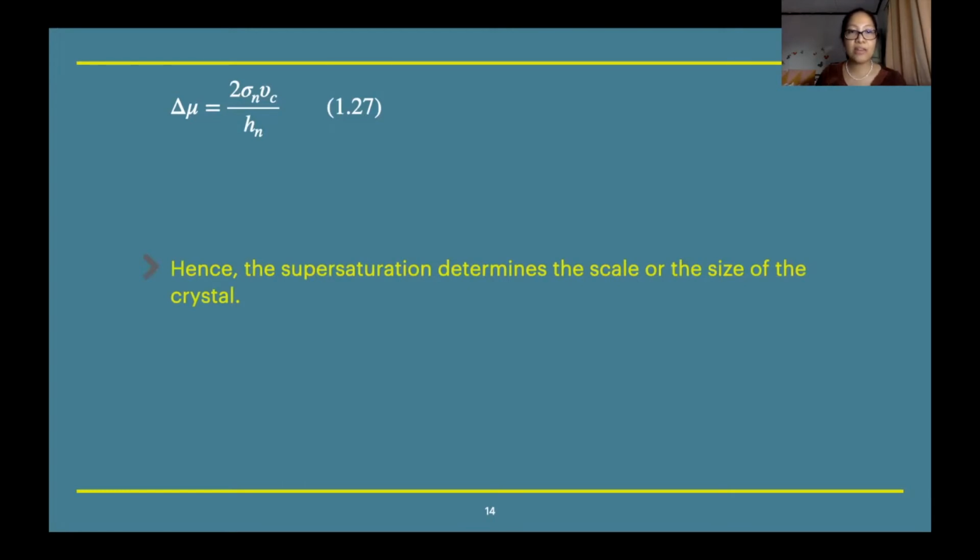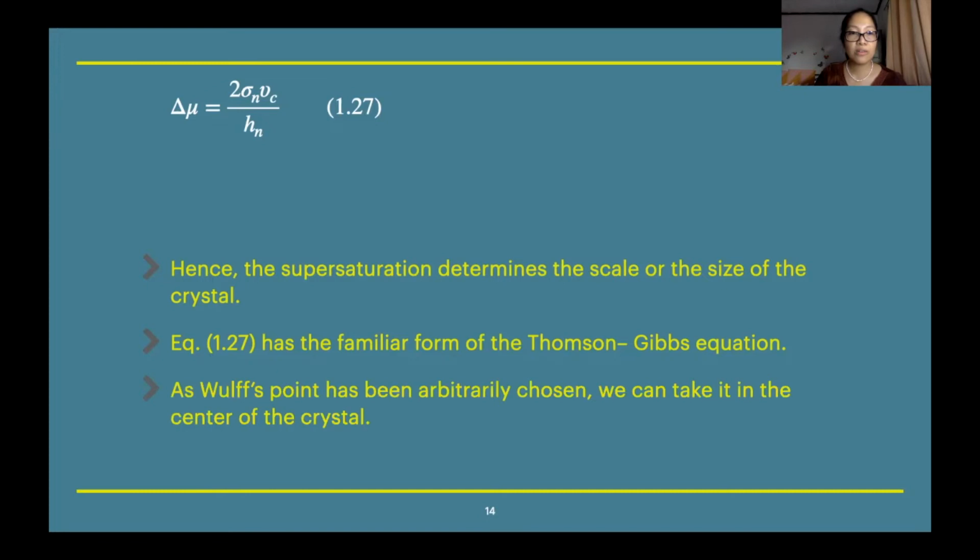This means that the supersaturation determines the scale or the size of the crystal. This equation 1.27 has the familiar form of the Thomson-Gibbs equation, which was discussed in earlier sections of our textbook. As Wulff's point has been arbitrarily chosen, we can take it in the center of the crystal.